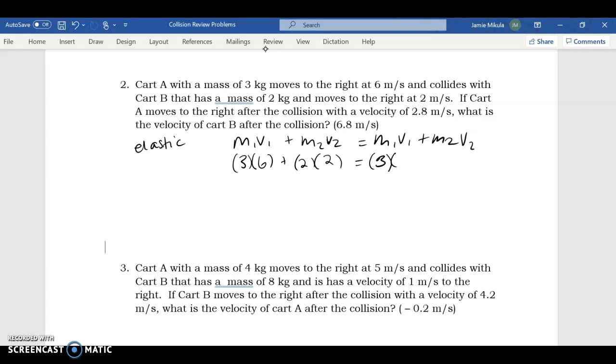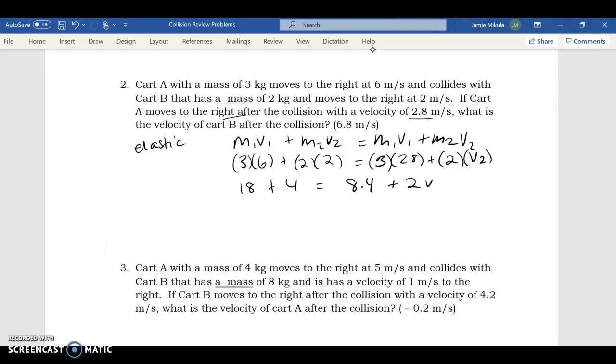After the collision, the 3 kilogram cart A moves to the right at 2.8, and it wants to know what B is doing after, so that's going to be V2. All right, so 3 times 6 is 18, plus 4 equals 3 times 2.8 is 8.4, plus 2V.